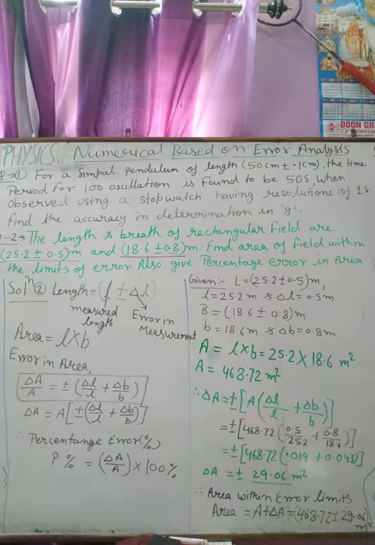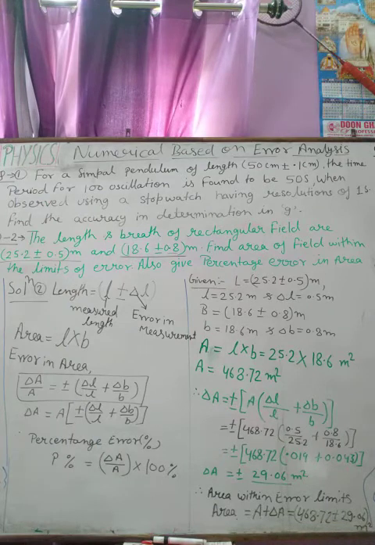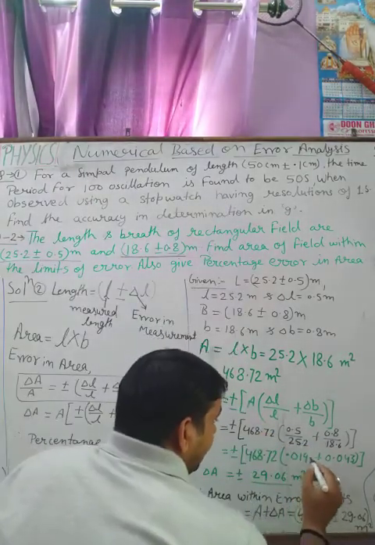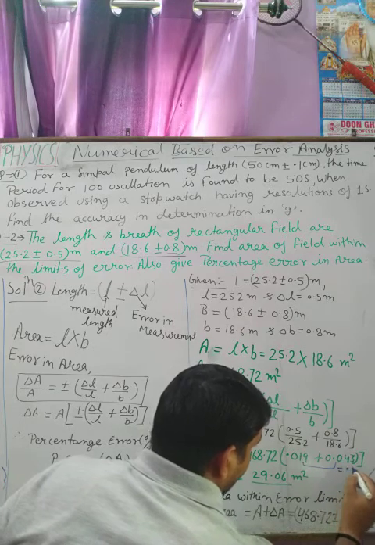Next student, we need to calculate here the percentage error in area. Here student, also note that this sum we have 0.062.